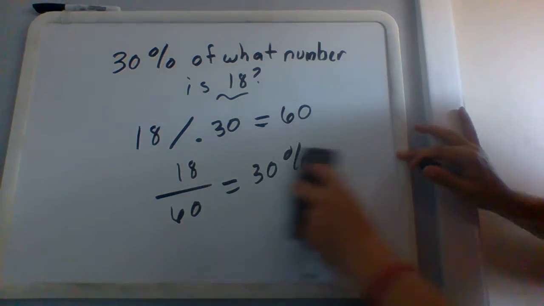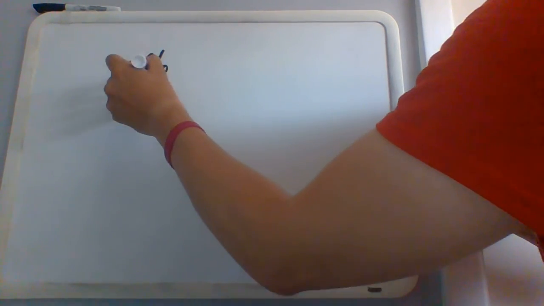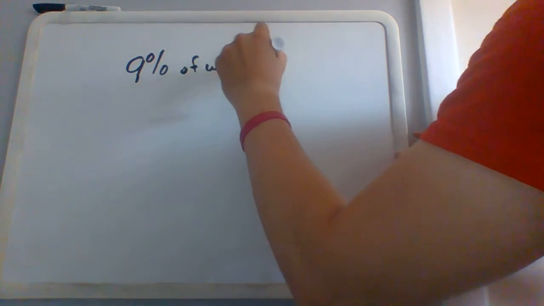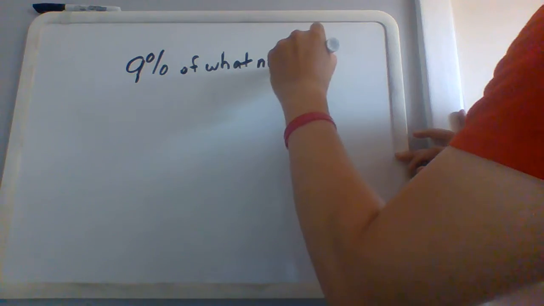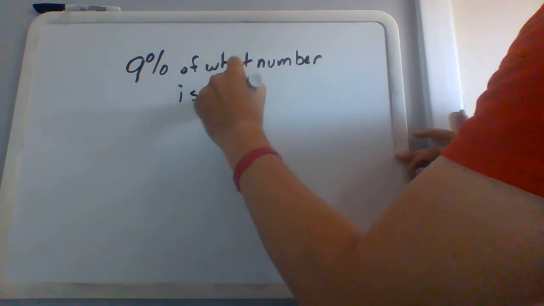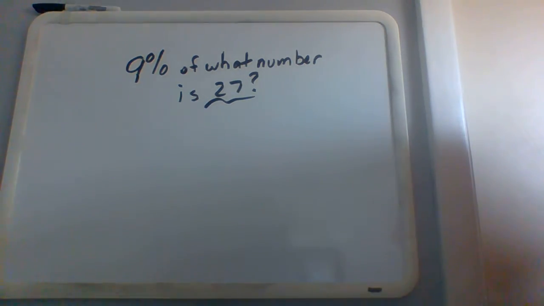We'll do one more. Again, if you have a percent that is a single digit, for instance, 9% of what number is 27? Now, again, 27 is my part. That's going to be my numerator on my fraction.